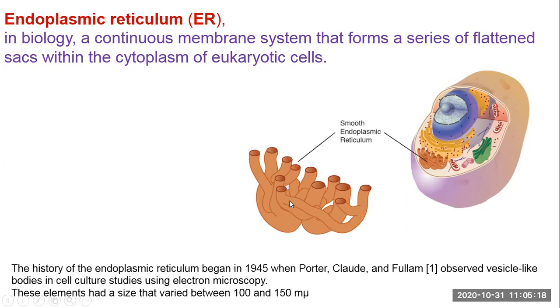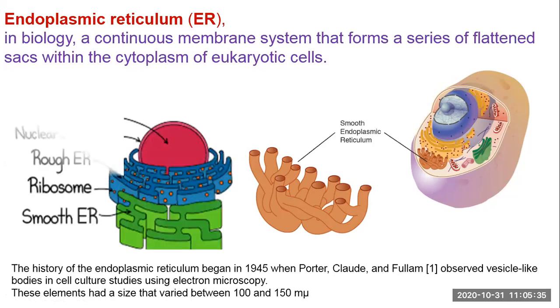So the tubular structure is there, and after the protein formation, there is a sac-like structure also. So the 3 types of endoplasmic reticulum depend on the shape. Okay, you can better understand about the types.